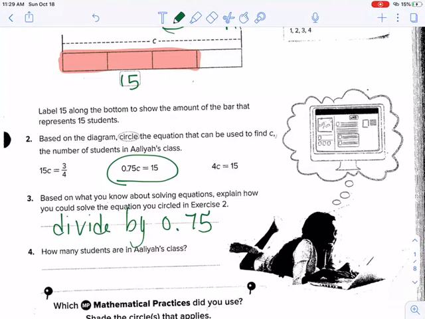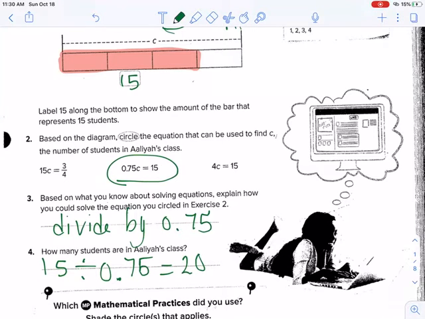Now you can use a calculator for this since we haven't done our rational number unit yet. So you're doing 15 divided by 3/4 or 75/100. And you should get 20 students.